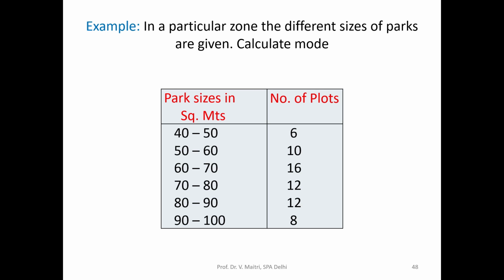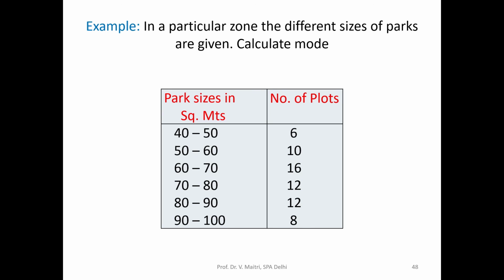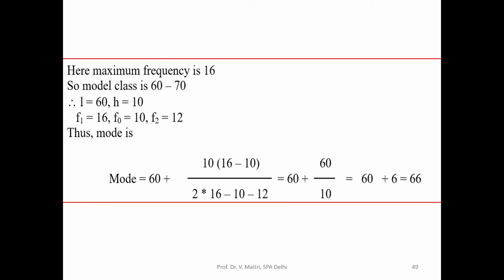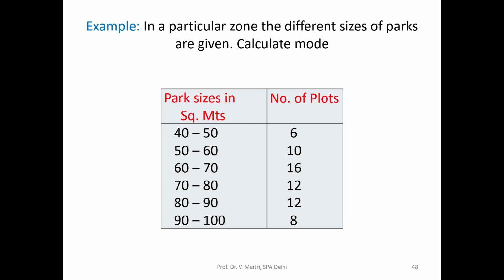And what is L? The lower limit of the modal class, that is 60. The width of the class is 10. f0 is the frequency preceding the modal class, f1 is the frequency of the modal class, and f2 is the frequency after the modal class.